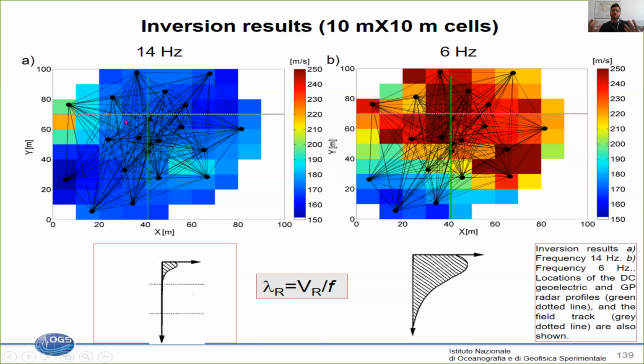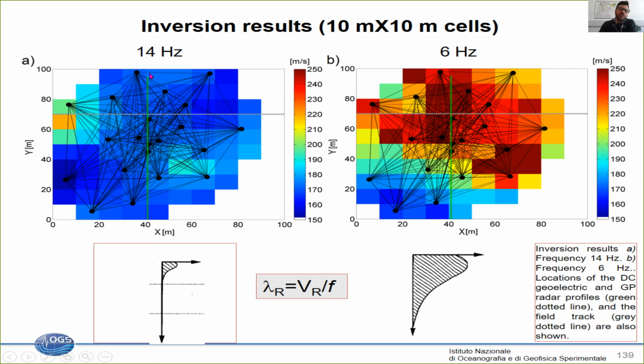So if we do the inversion, this, you remember, can be like the block of last time, but seen from above. I see how the velocity is changing for 14 hertz. Each dot you see is a station, and these are the rays connecting all the possible combinations of stations. So I'm just looking from above.